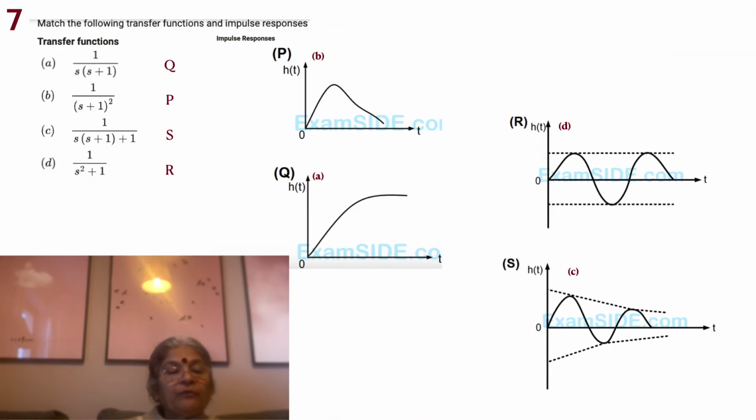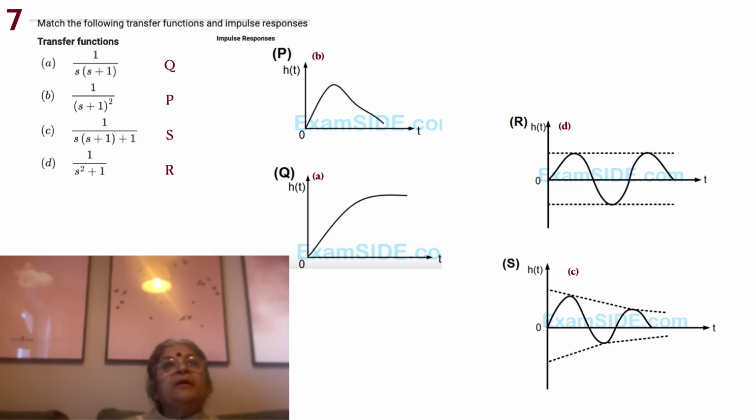Then we have 1 by s into s square plus s plus 1. That can be converted into s plus alpha whole square plus omega square. And so we see that we have an e raised to minus alpha t and a sine or a cosine. Of course, now it's a case of omega, so we can say that we have a sine beta t into e raised to minus alpha t.